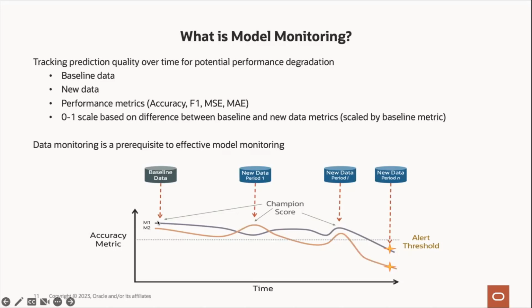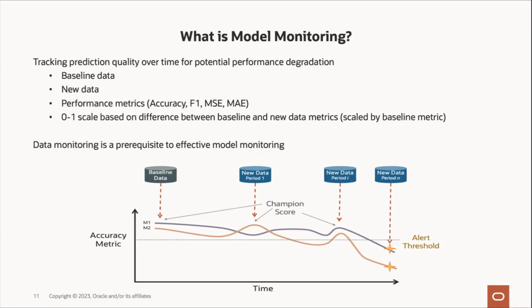So of our two models, M1 has the highest metrics at baseline, and then in period 1, M2, and then M1 again, and then they both go below the alert threshold. So this is a way to maximize the accuracy of the predictions you're making in production by monitoring your models, understanding at any given time which models have the best accuracy metrics, and then using those models. So that's a good practical application of model monitoring.